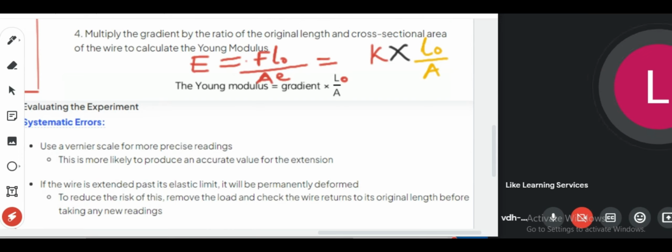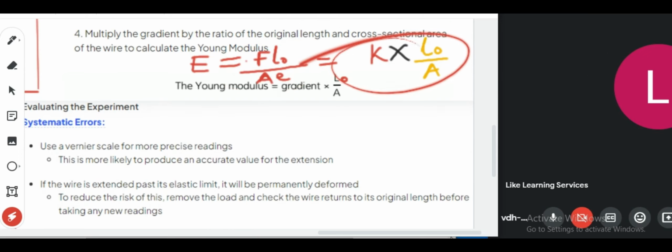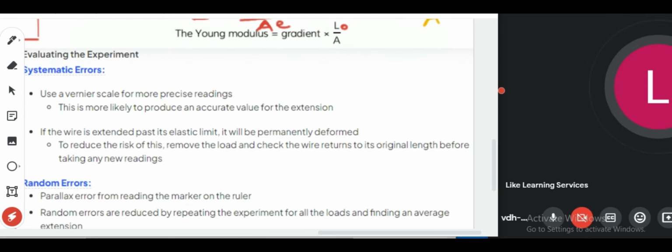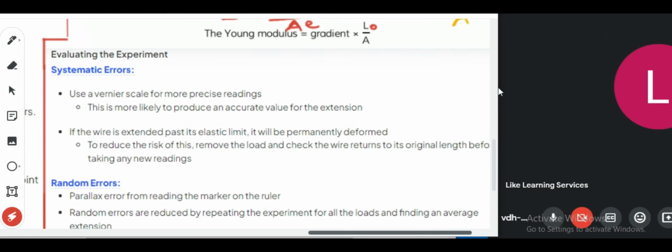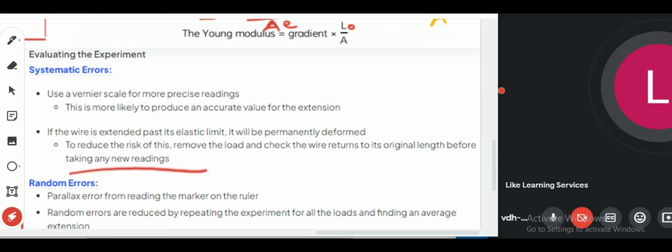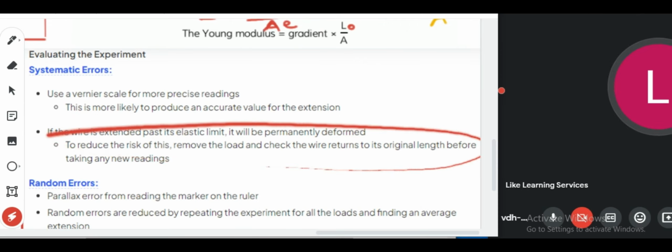So this formula does not stand. To avoid that, because that can produce a systematic error, remove the load and check that the wire returns to its original length before taking any new reading. That's one way to prevent systematic error.